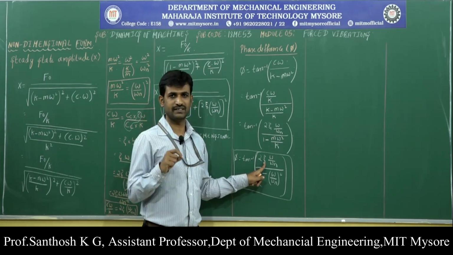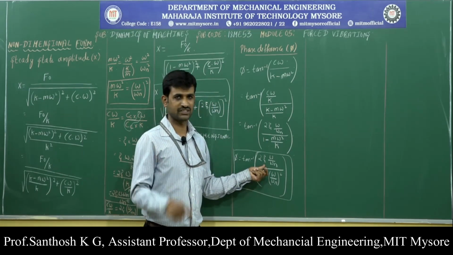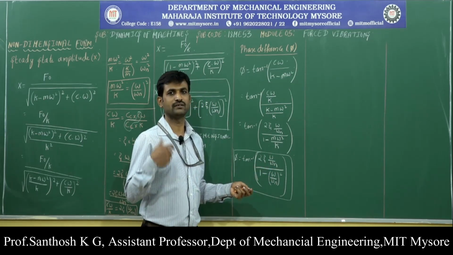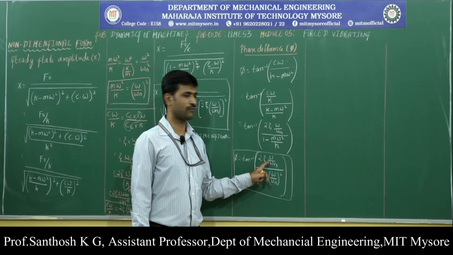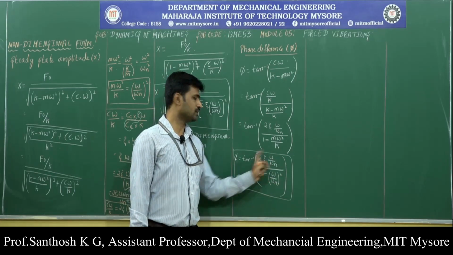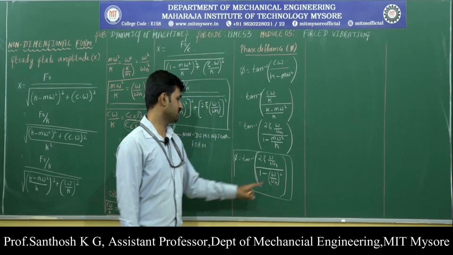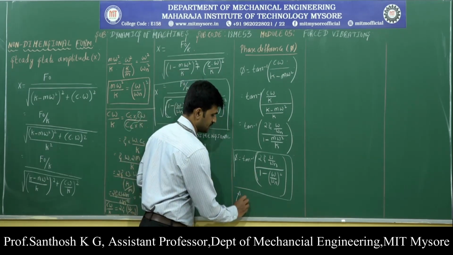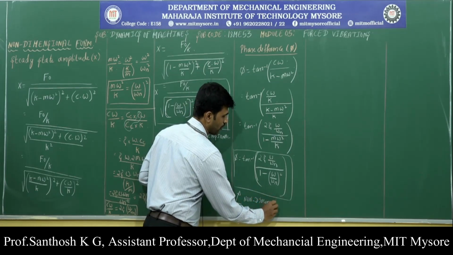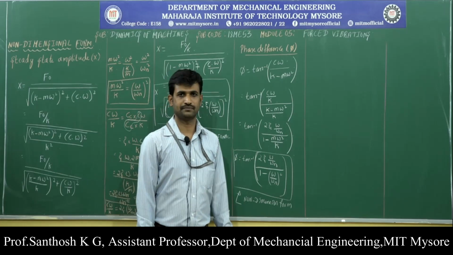Zeta is C by Cc, and C and Cc have the same unit, so it is also a dimensionless number. Then omega and omega n also have the same unit. Therefore, the ratio omega by omega n is also dimensionless. Therefore, all the terms in this expression are dimensionless, hence this expression represents the non-dimensional form of the phase difference phi.